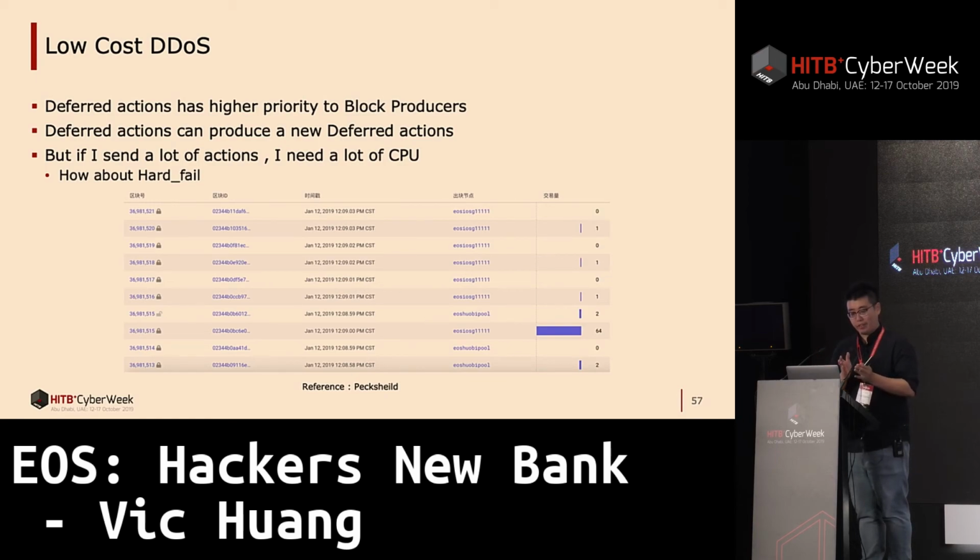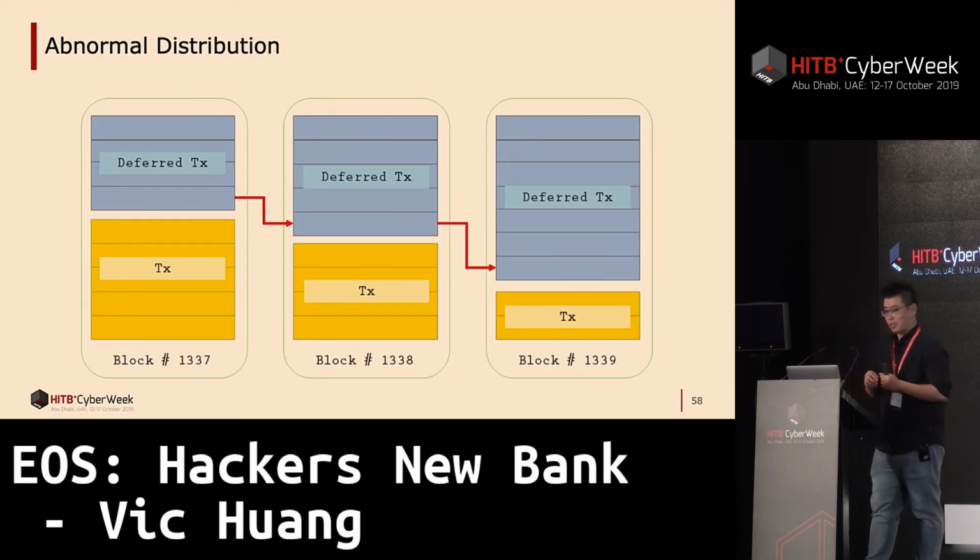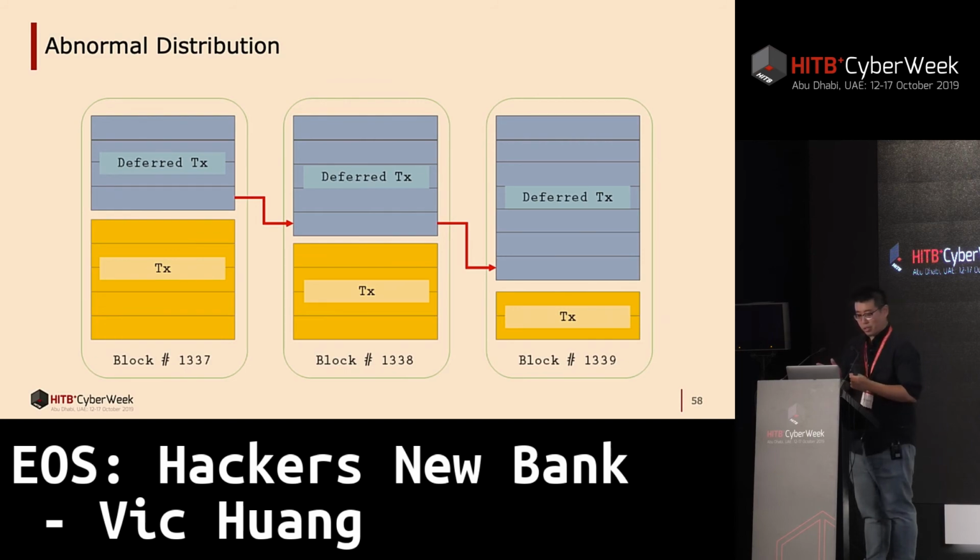And the second one is that deferred actions can produce new deferred actions. But if we want to send a lot of actions, we need a lot of CPU. But if we make it hard-fail, the CPU will be returned to you. So this is an abnormal distribution.